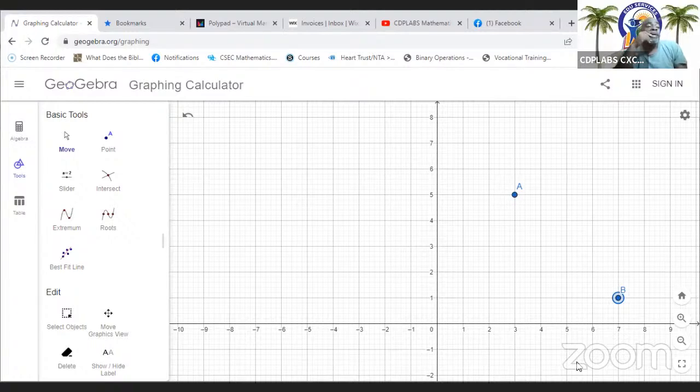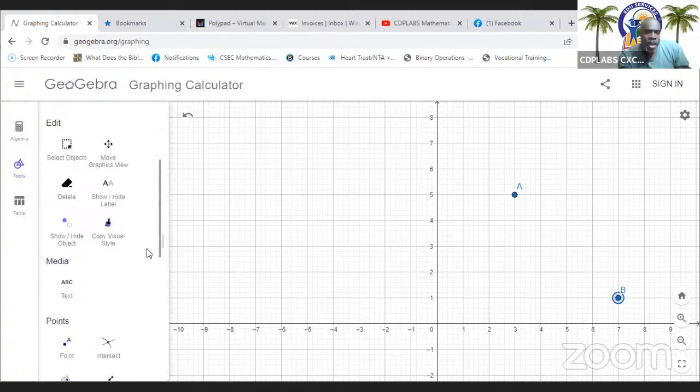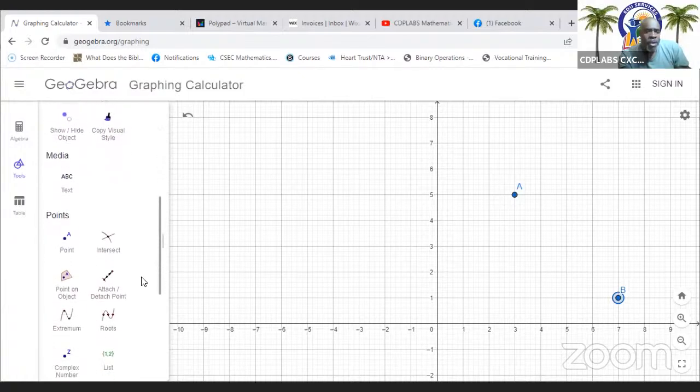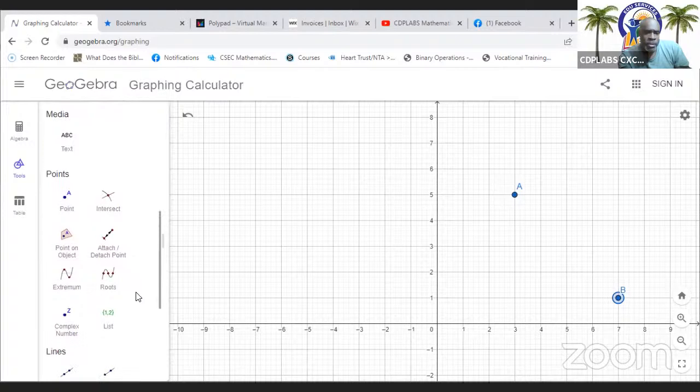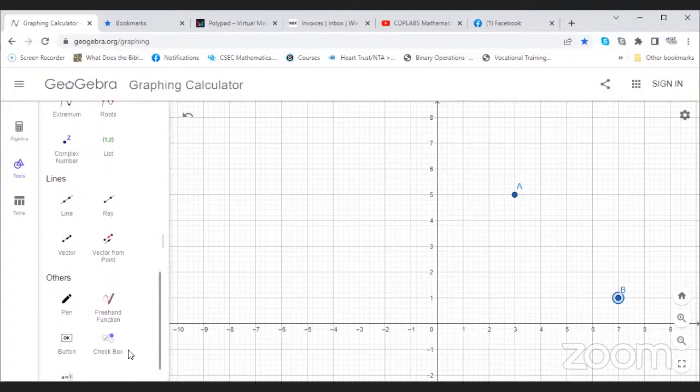All right. So now they want to calculate the length of AB, but first we have to draw the line, connect the points. Good. So we are going to connect the points.